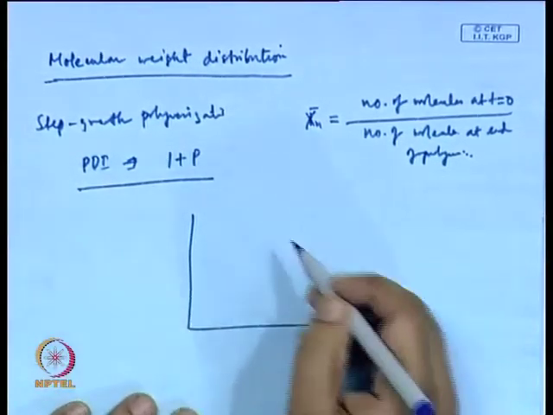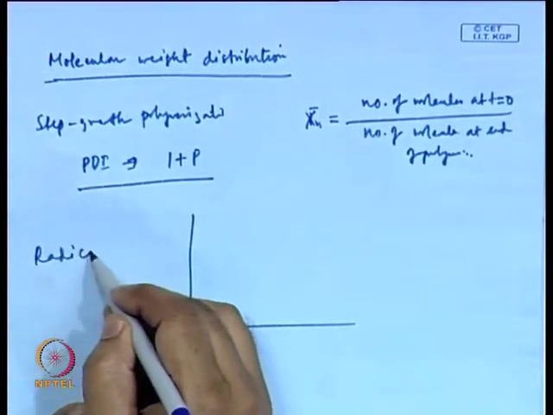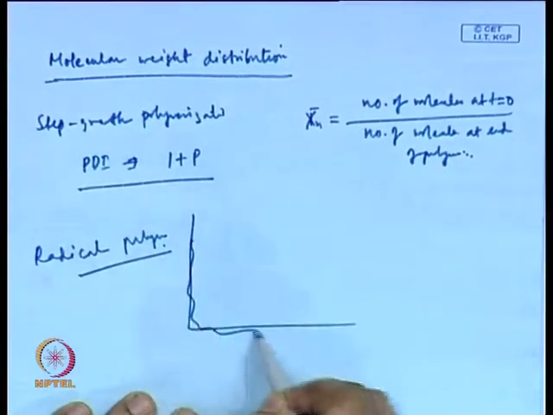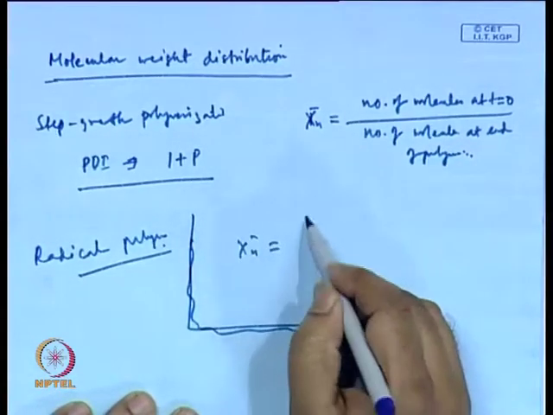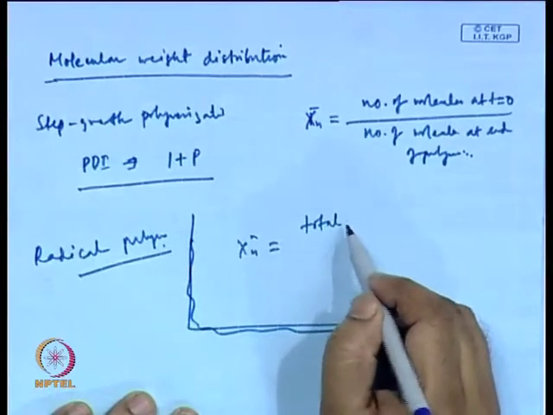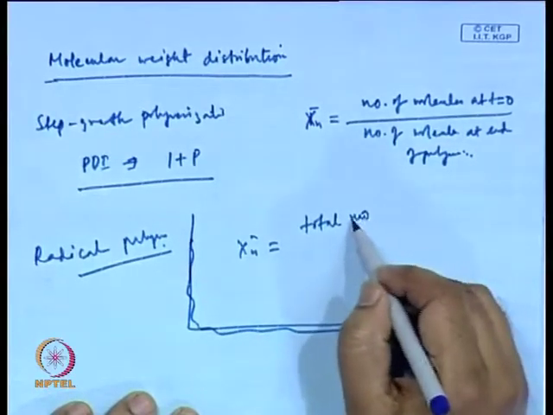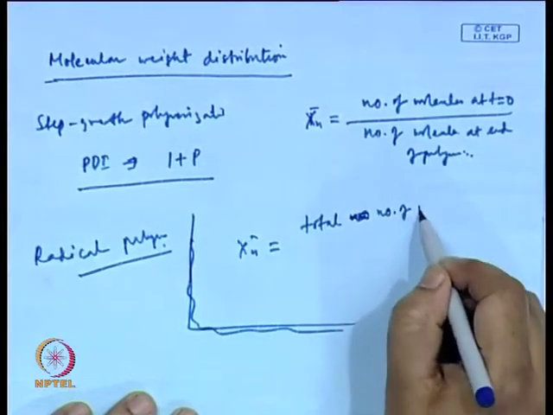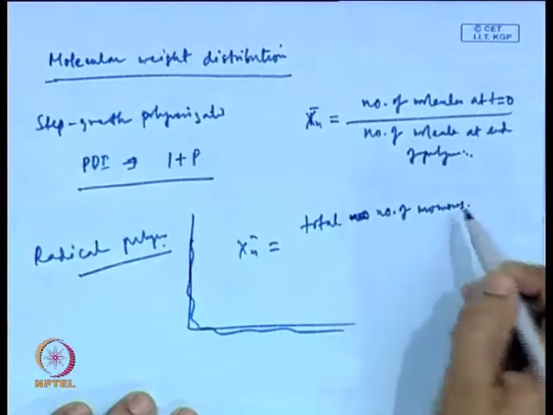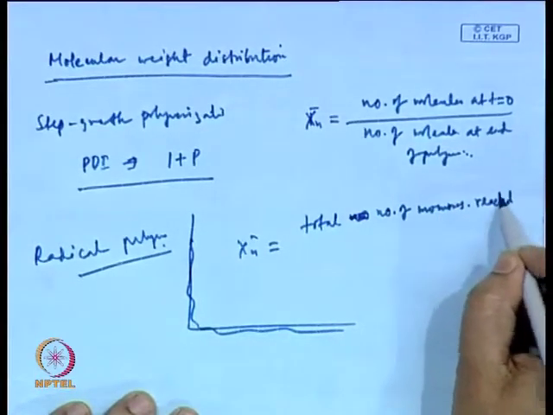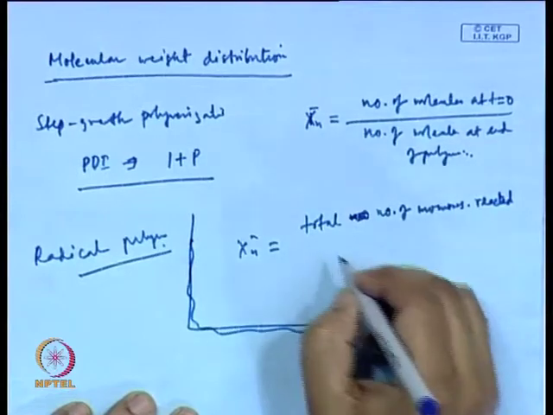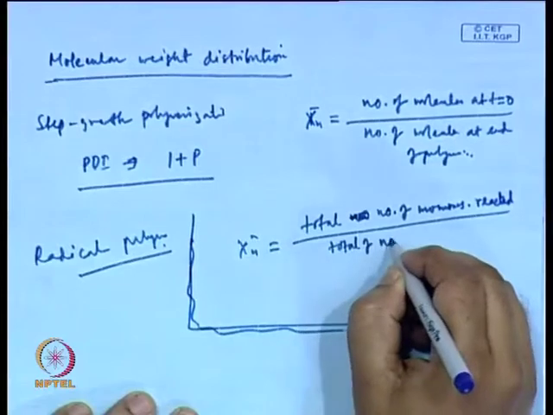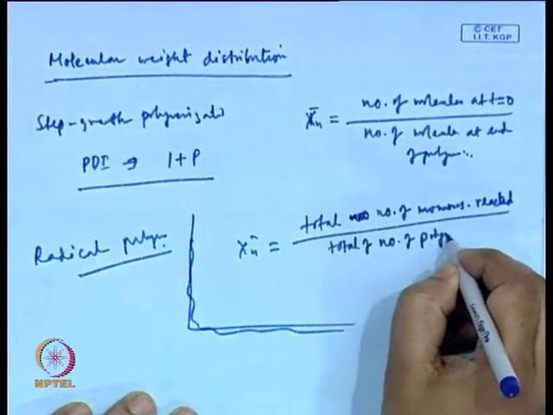Now, in case of radical polymerization, how do we define Xn? Xn is the total number of monomers reacted, divided by the total number of polymer molecules.